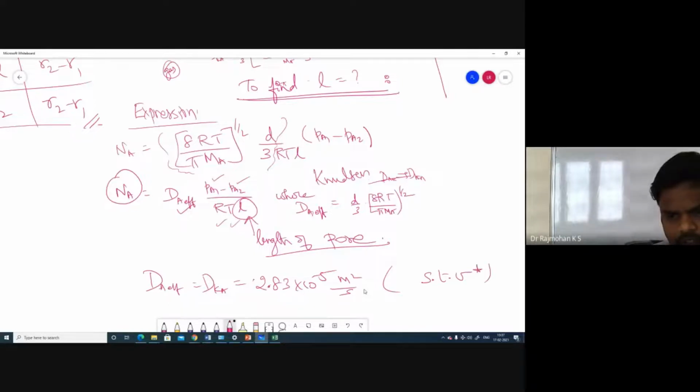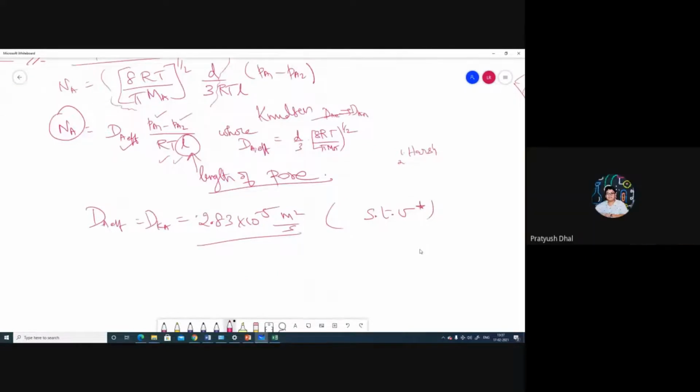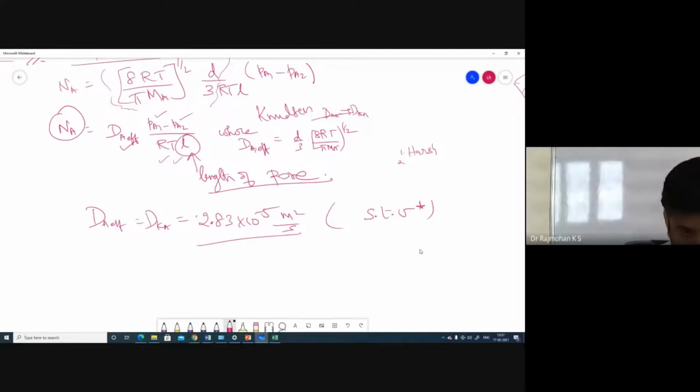Okay, who got the answer? Anybody else? I'm getting 2.83, but the power I'm getting different. How much? 10 power minus 3. No, 3 is too low. Yeah, that's low.